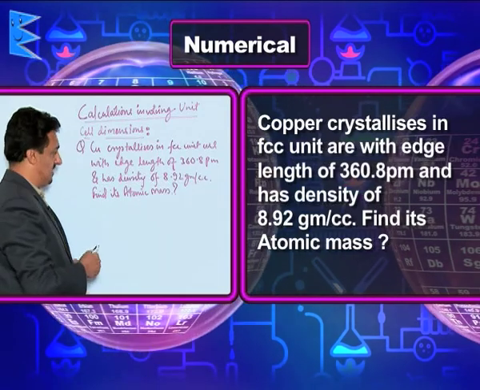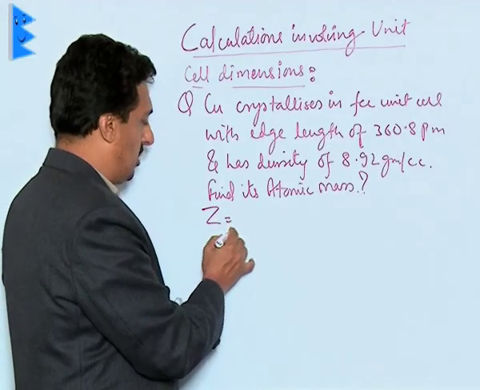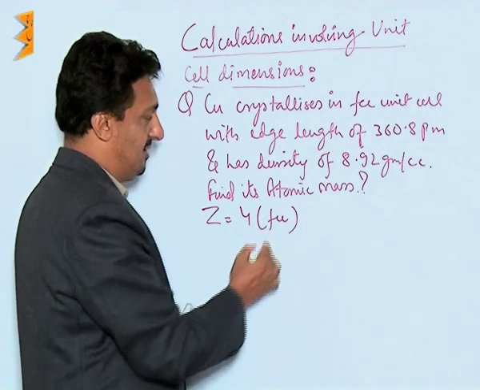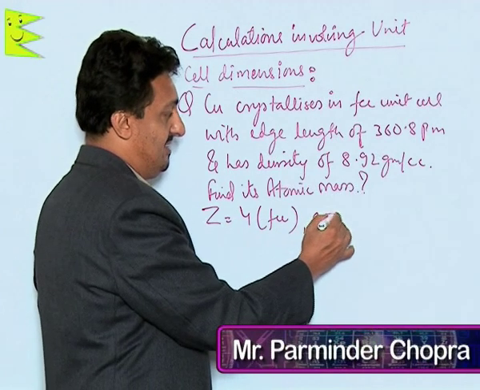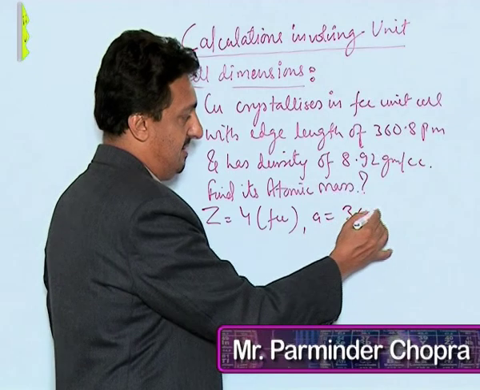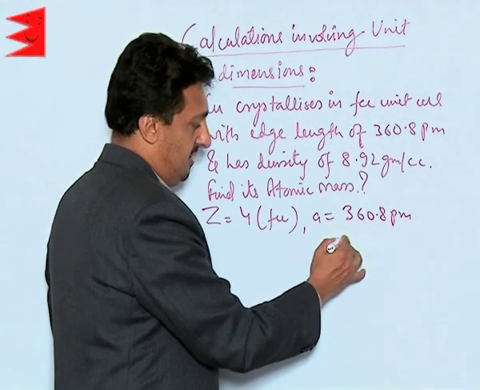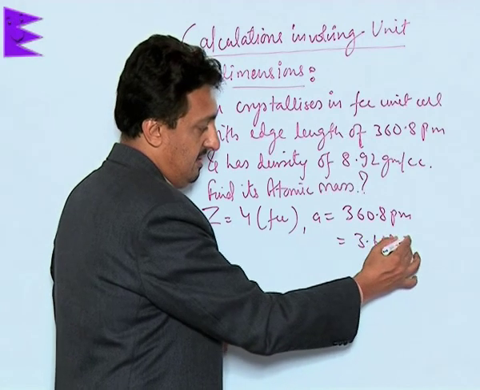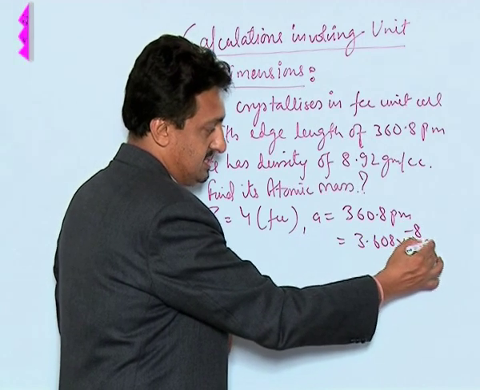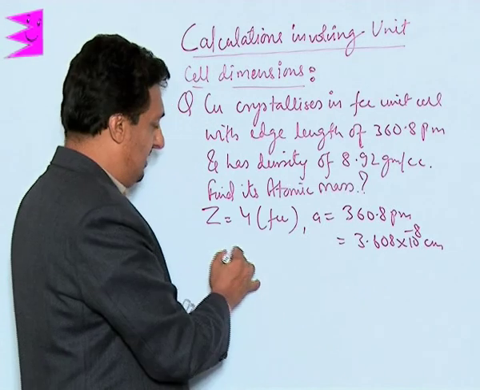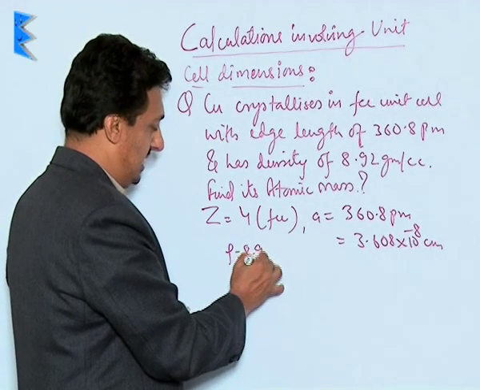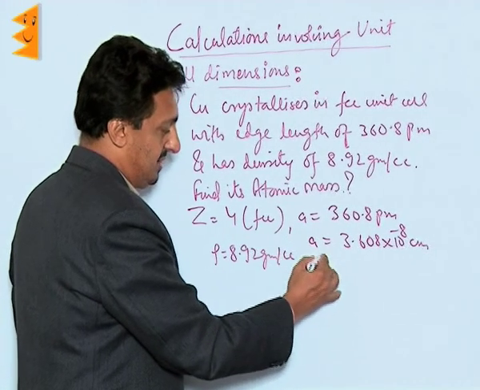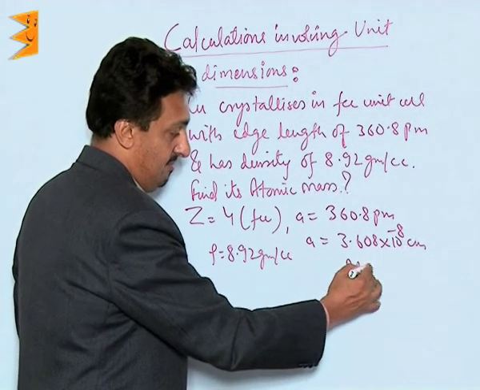We are already given that Z for copper will be 4 because it forms an FCC unit cell. Its edge length, 360.8 picometer, can be written as 3.608 into 10 to the power minus 8 centimeter. And the density is 8.92 gram per cc.